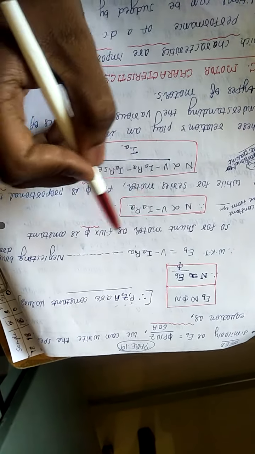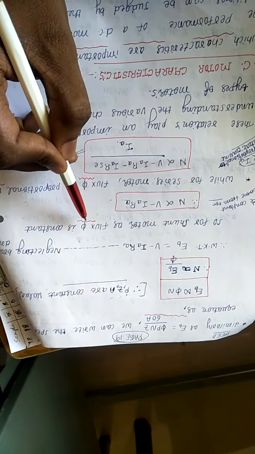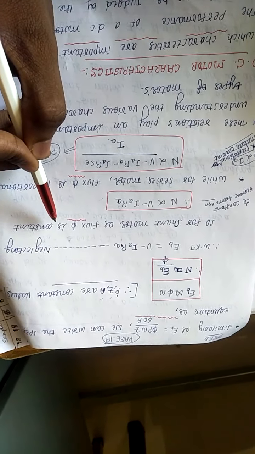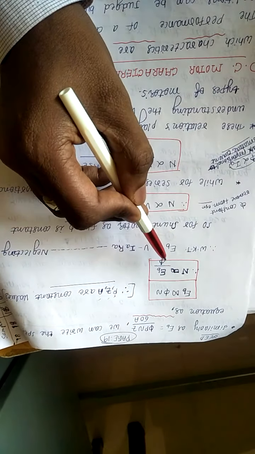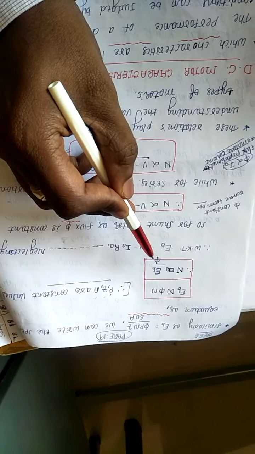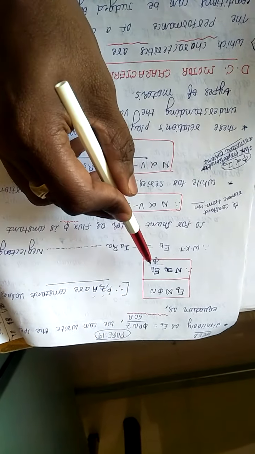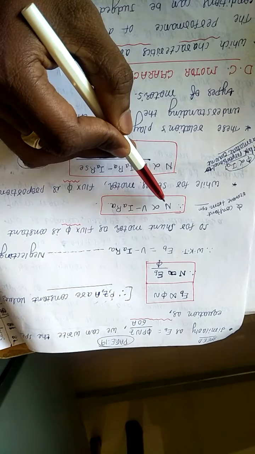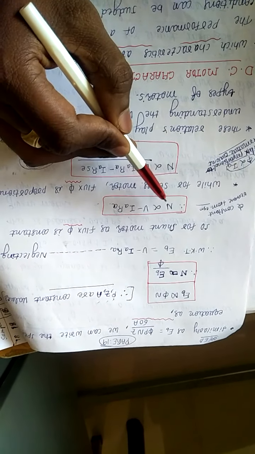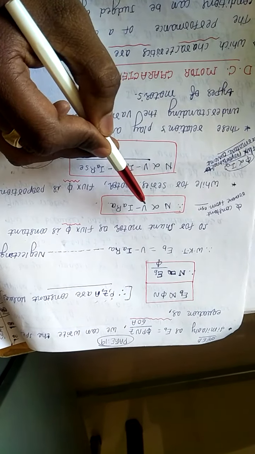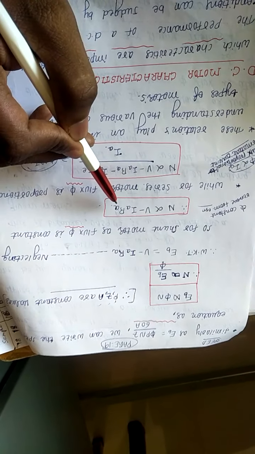For the shunt motor, as you know, φ is constant, so I removed it from the expression. You substitute the Eb value here, then you will get the speed of the armature: N is directly proportional to V minus Ia Ra.